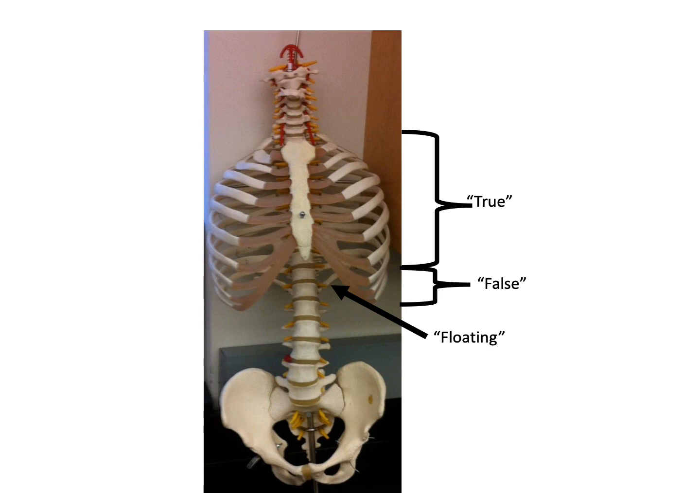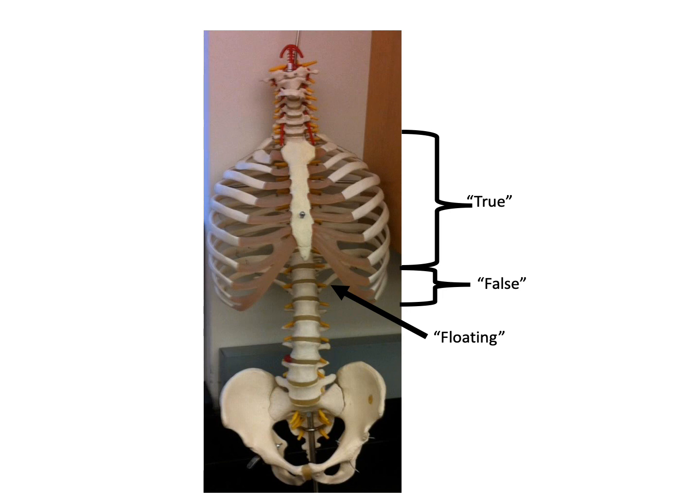This idea of true, false, and floating is how they are connected to the sternum through the costal cartilage, in which true costals are in a one-to-one relationship, whereas false costals are not going to have that one-to-one ratio. It'll be a 1-to-3 ratio in terms of costal cartilage to costals. And floating are not connected at all to the costal cartilage.